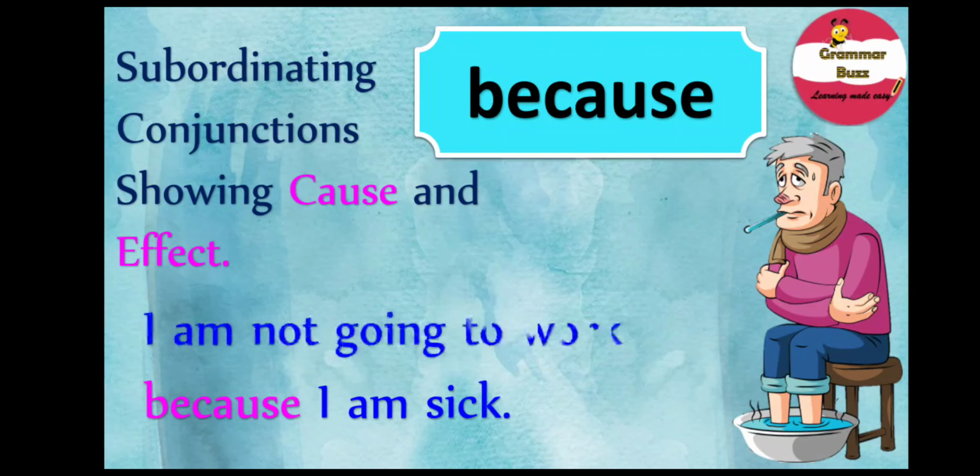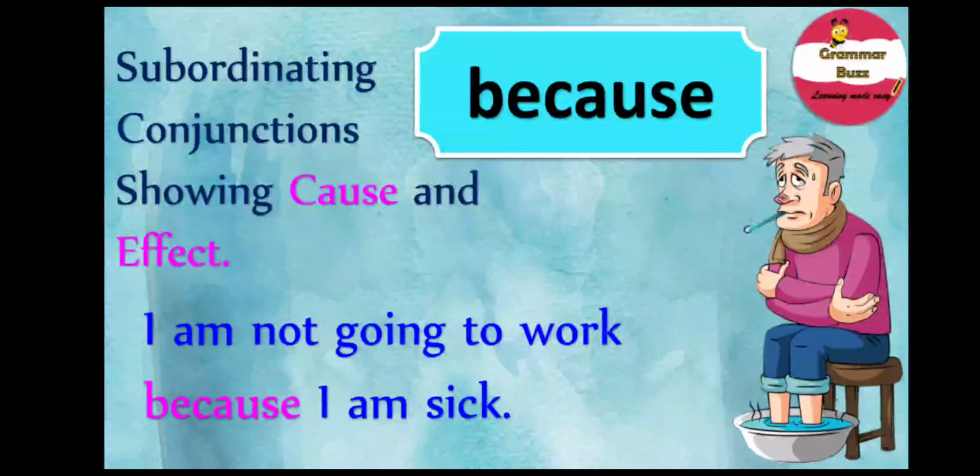So we can say, I am not going to work because I am sick. Now this sentence makes complete sense. I am not going to work because I am sick, right? And if you note, we have combined the two sentences with the subordinating conjunction because.